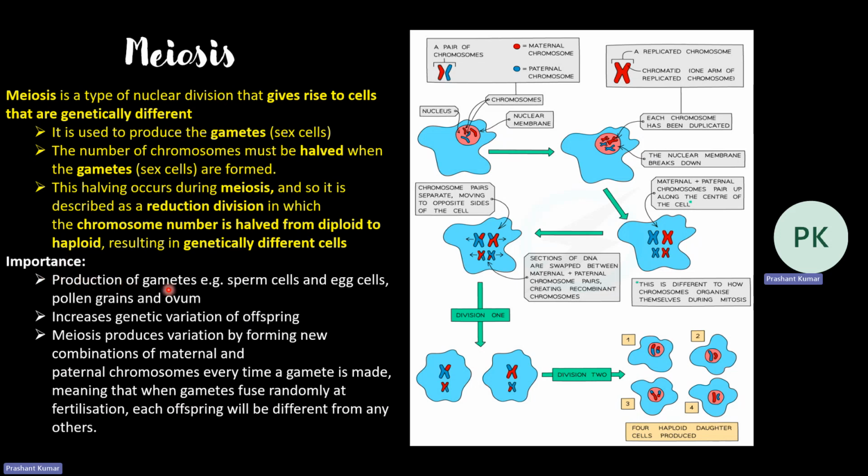Because it helps in production of the gametes, increases genetic variation of those species, and produces variations by making a new combination of maternal and paternal chromosomes every time a gamete is formed, meaning that when gametes fuse randomly at fertilization, each offspring has a different gene set and all look different. No one can say they are 100% genetically identical to the old cell.